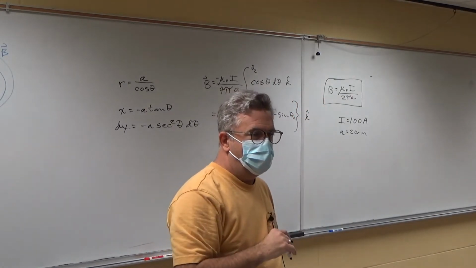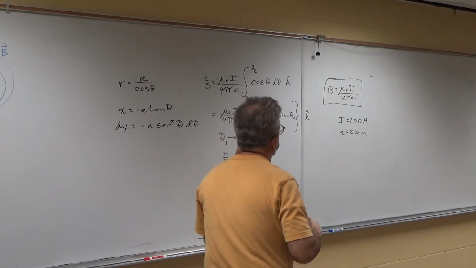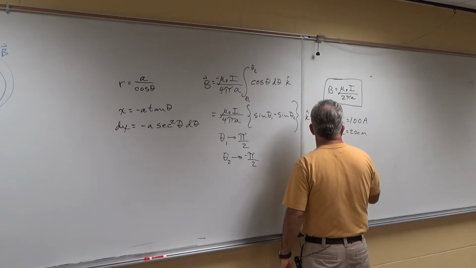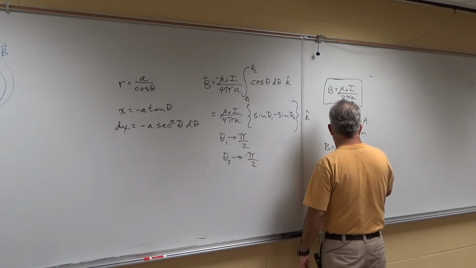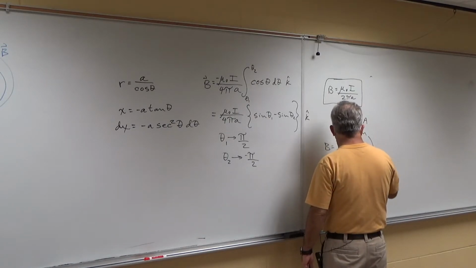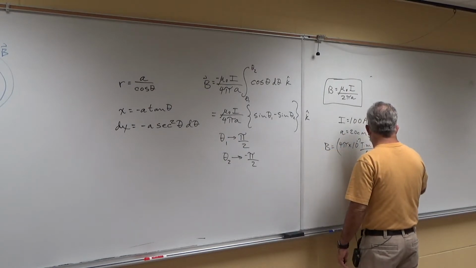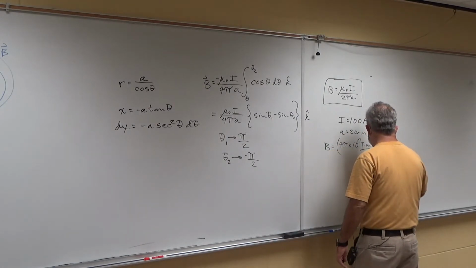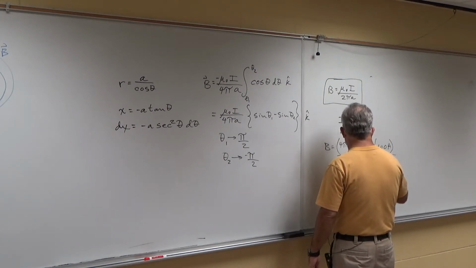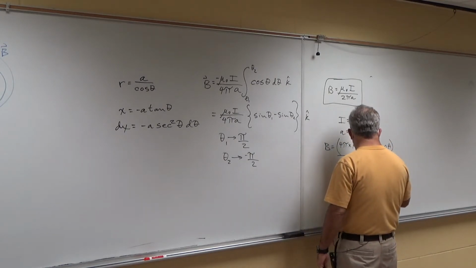It's carrying 100 amps of current. Plug it in. B is equal to 4 pi times 10 to the negative 7 Tesla meter per amp, times 100 amps, divided by 2 pi times the distance from the wire in meters.